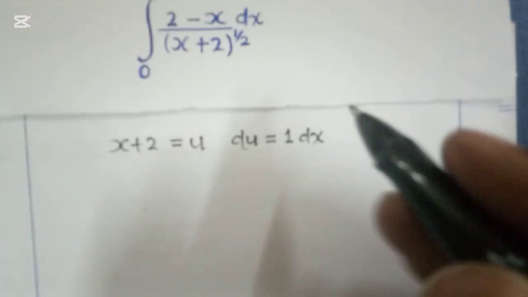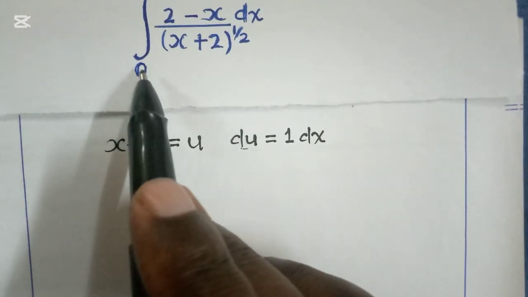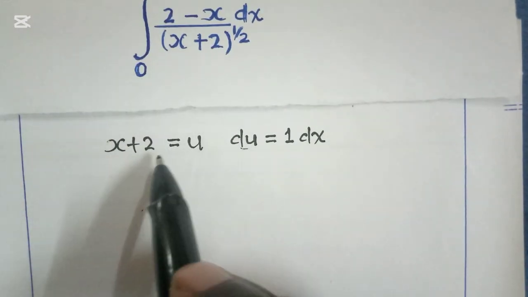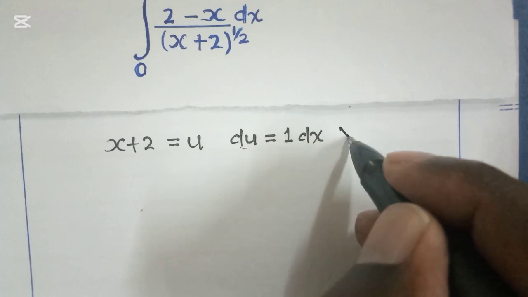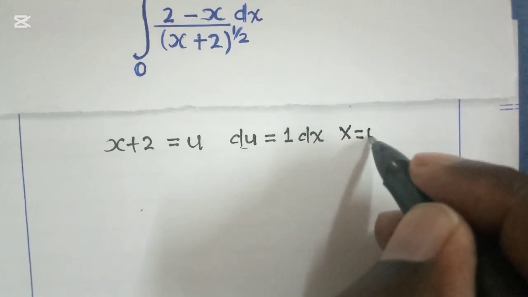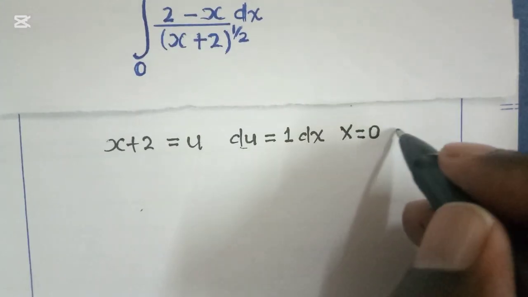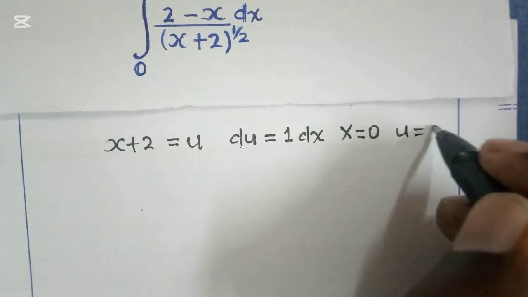And then we can come and say our lower limit here is 0. So if x is 0, then u is going to be 2.